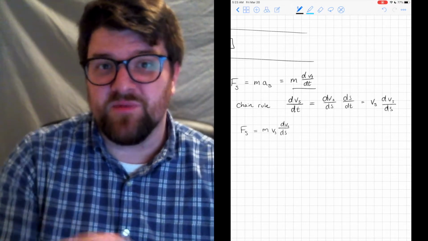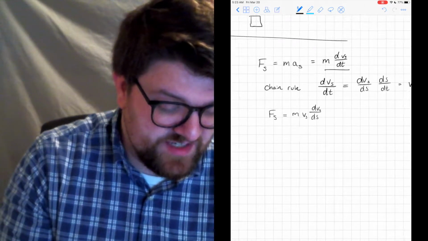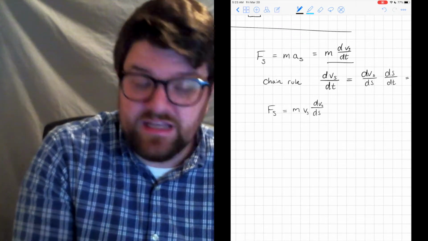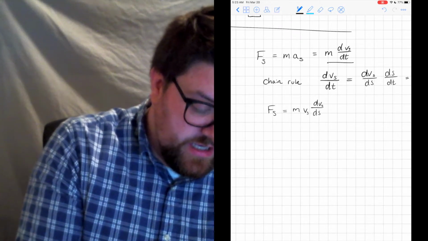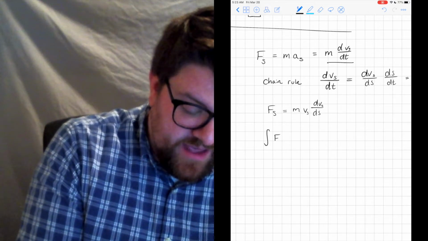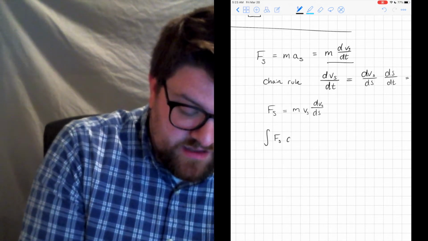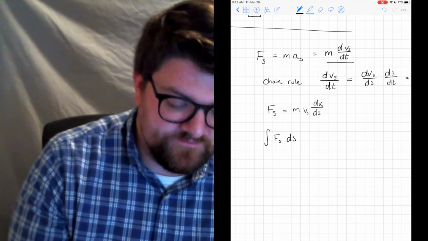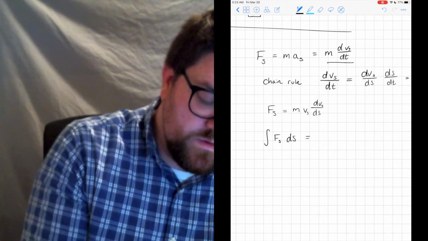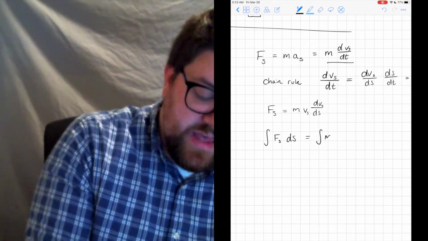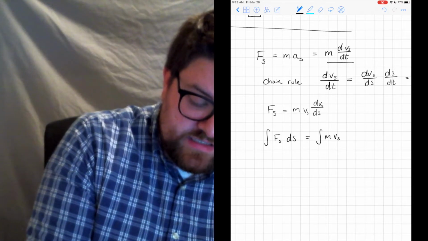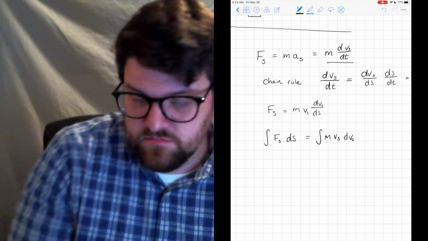So I think everyone's probably seeing where we're going with this. We need to take an integral here. I'm going to integrate Fs, and I'm going to throw ds on the other side, equals the integral of m vs dvs.